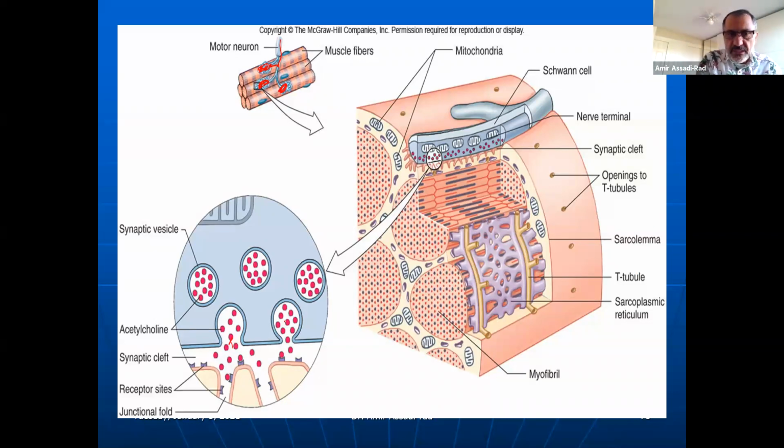So what happens when these are ACh, remember, acetylcholine, released and attached to these receptors? Sodium gets into the muscle cells. When sodium gets into the muscle cells, it causes calcium to be released from the sarcoplasmic reticulum.